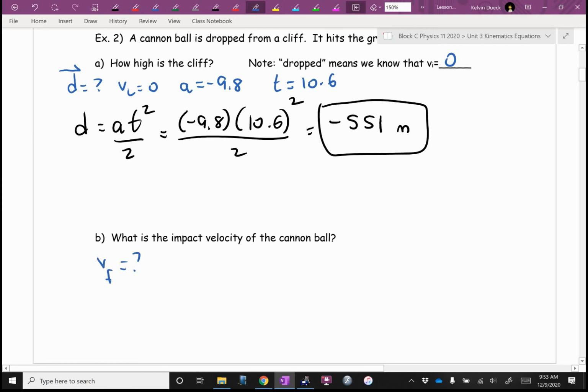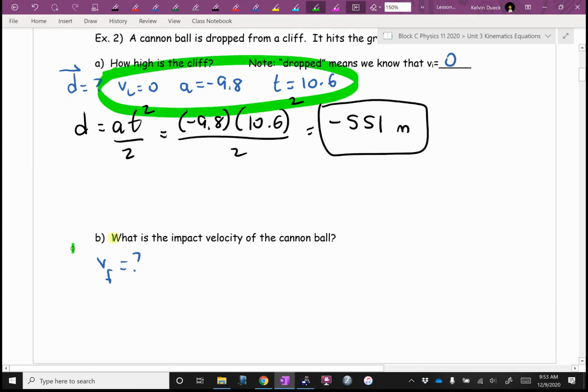Sarah, I think I still have everything listed right here, so I'm not going to rewrite it. Although I know D, I'm going to try and avoid using D just in case it's wrong. So can you find me an equation that has a V initial, an A, a T, and a V final in it? Alicia, which one, kiddo?